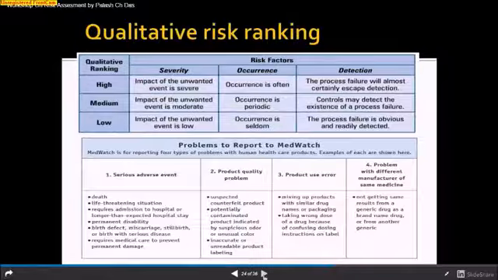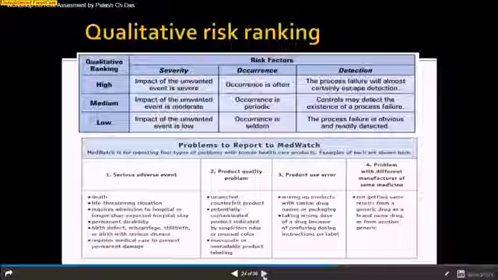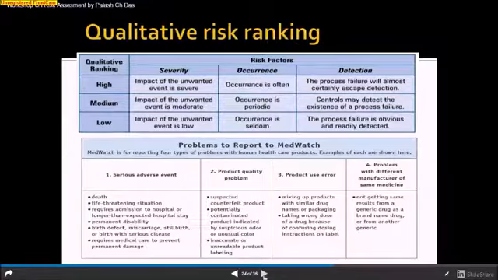machine, so occurrence we can reduce based on the detectability, which can be high based on the automations. As you know, nowadays machines are coming with automations with good quality control and automation system that can detect all kinds of process malfunctioning, and it will give alarm and indication to your system.